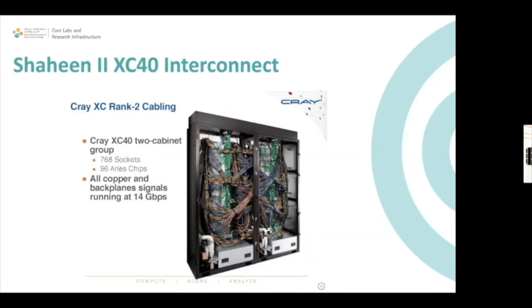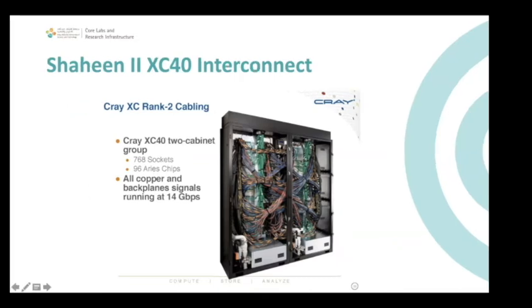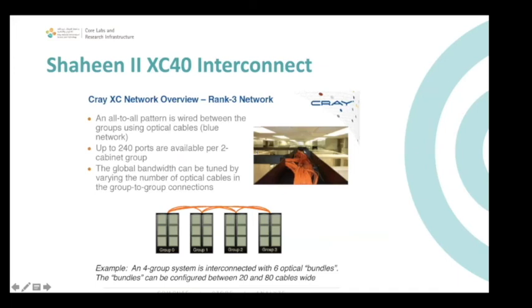When we go to longer distances, you see these green cables on the top going upward. These are the fiber optics that connect the third layer of all-to-all communication, connecting all the groups within a supercomputer. Shaheen has 36 cabinets, that's 18 groups, and they have 8 fibers between each 2 groups in all-to-all fashion.